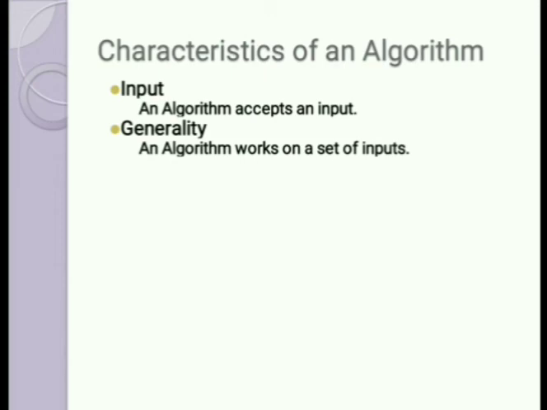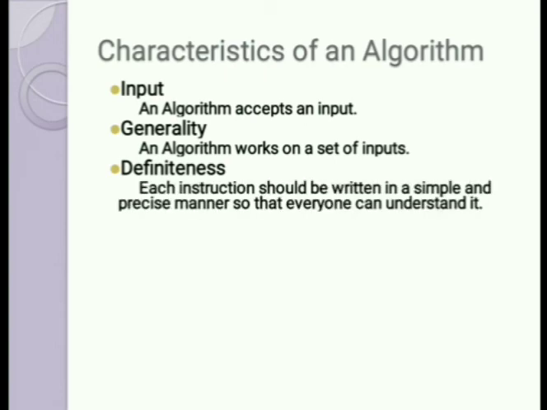That is known as generality. Next is definiteness. Each instruction should be written in a simple and precise manner so that everyone can understand it. Each and every instruction should be simple enough that any reader can understand it.